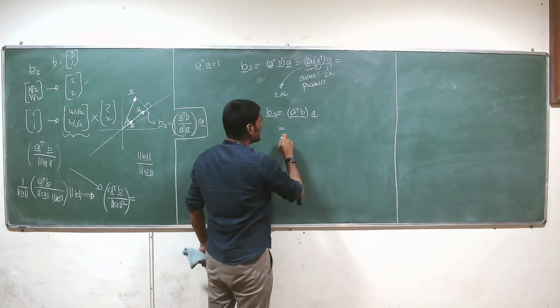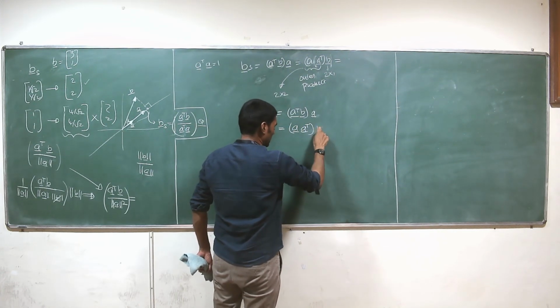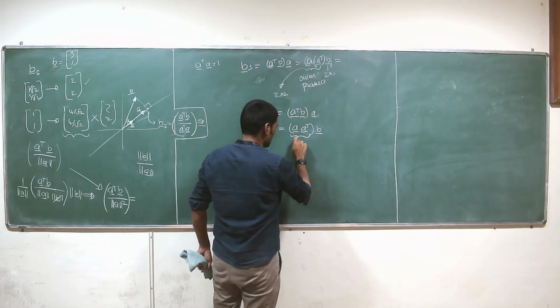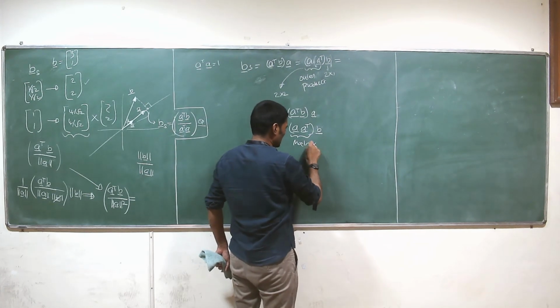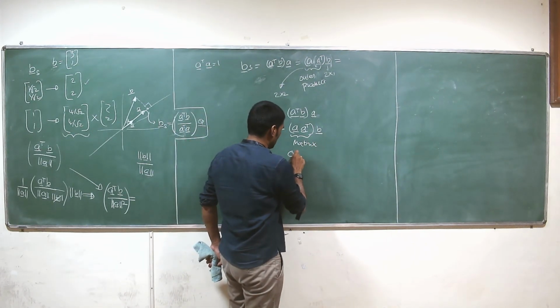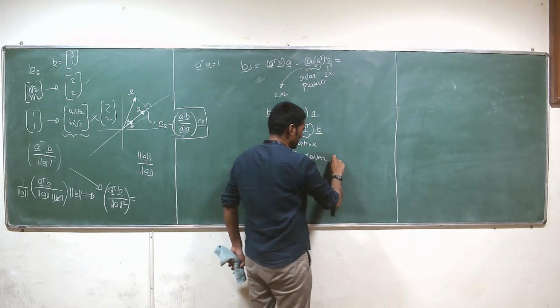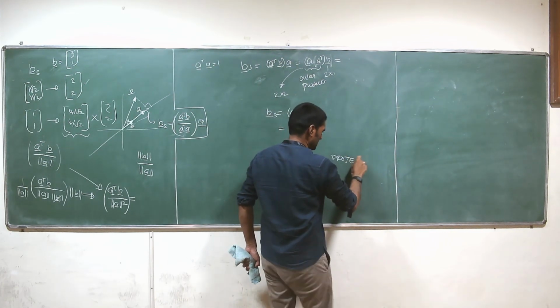Or another way to think about it is A A transpose multiplied by B, where this is a matrix, and it's not just any matrix, it's an orthogonal projection matrix.